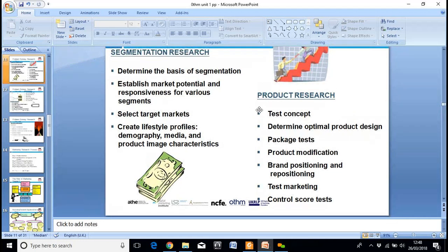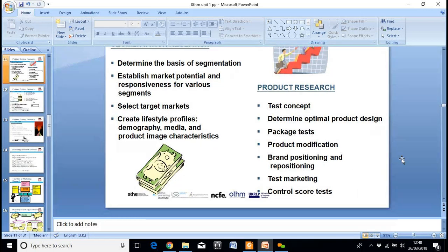So your product research is to test the concept of what you're going to produce, either a service or an item, whether it works or not. Determine the design, put a package together and test it. Any modifications that come out from those tests, again, positioning the brand and repositioning it, and I could just use the example with Ford, to make sure that it looks good in people's eyes.